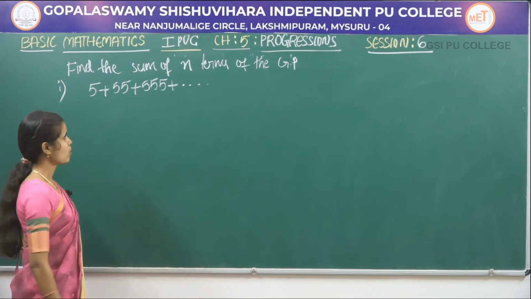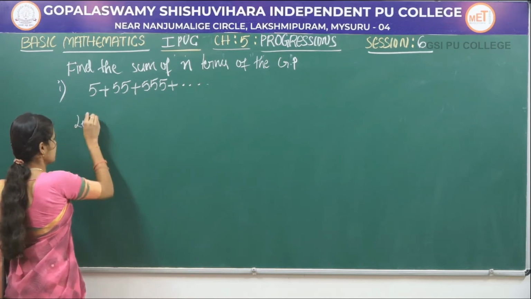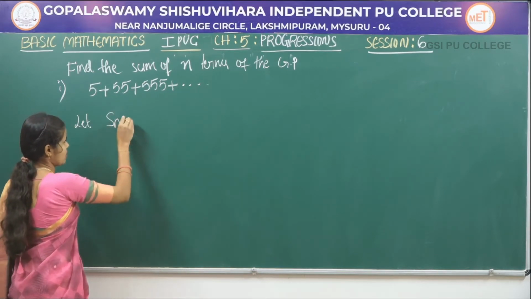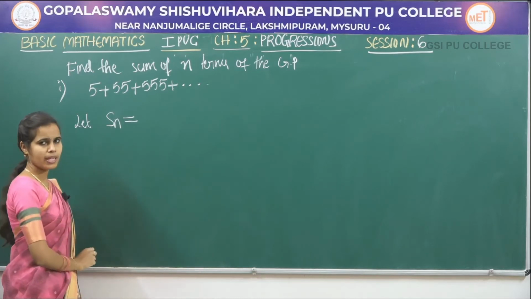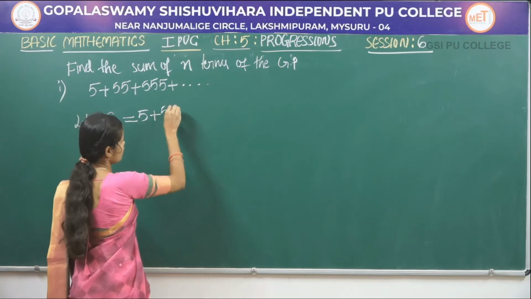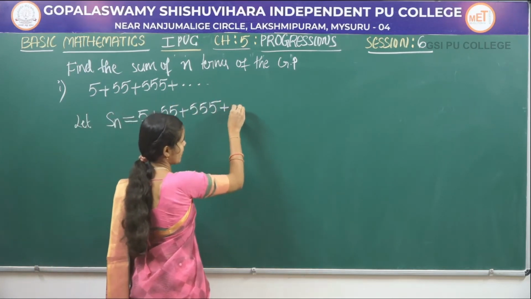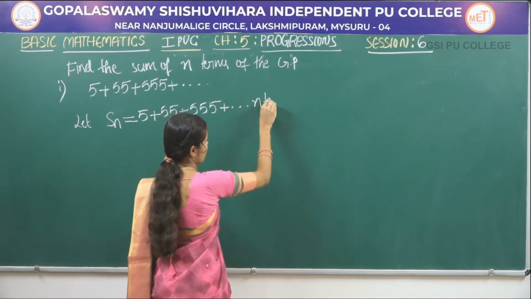So here we want to find the sum of n terms of this series. So let the sum of n terms of the series be Sn. We want 5 plus 55 plus 555 up to n terms.